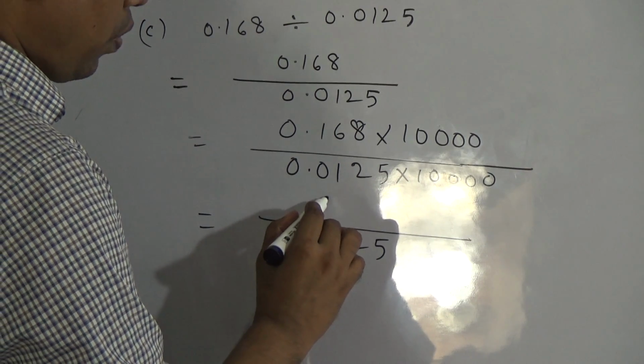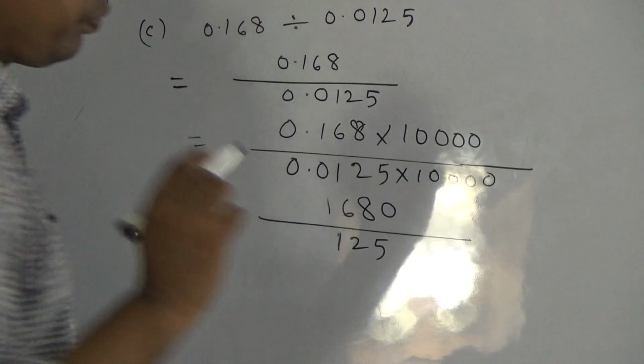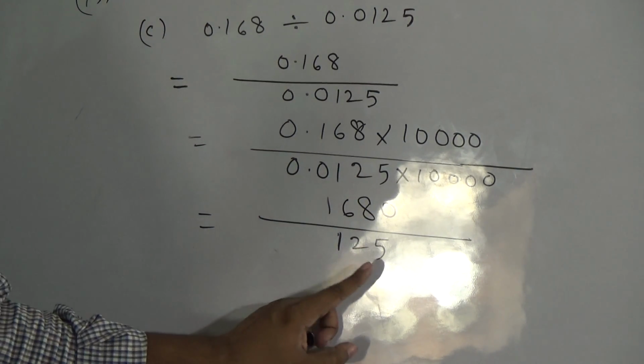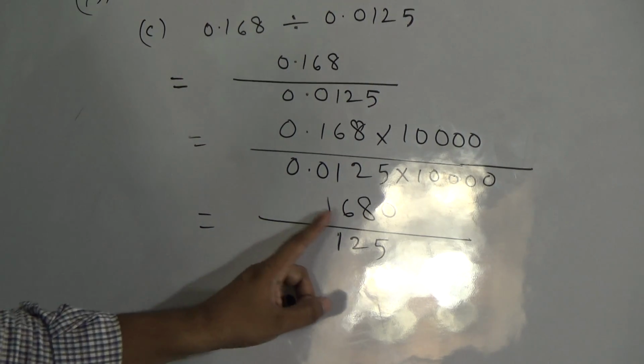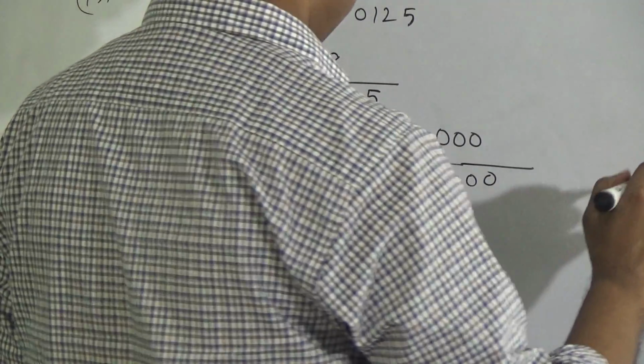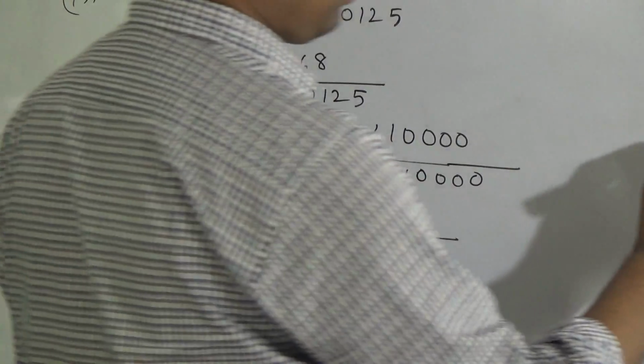That means the product will be 1680. Okay, now we will divide 1680 by 125. So here we will use rough for finding out the quotient.